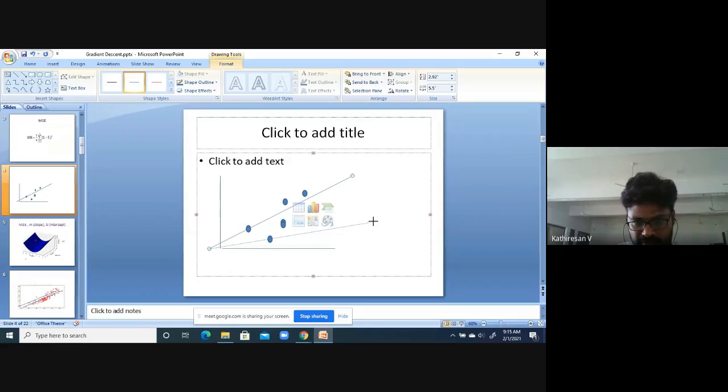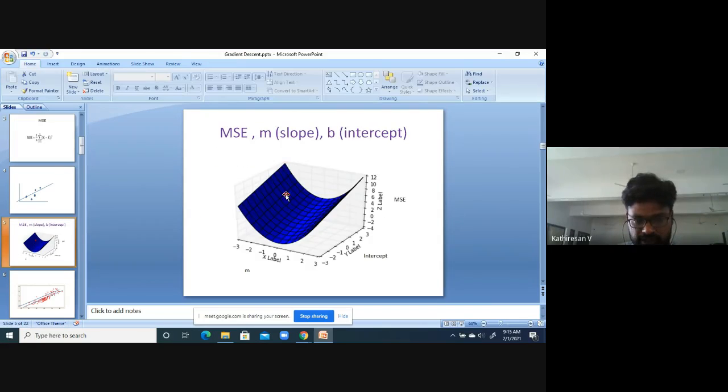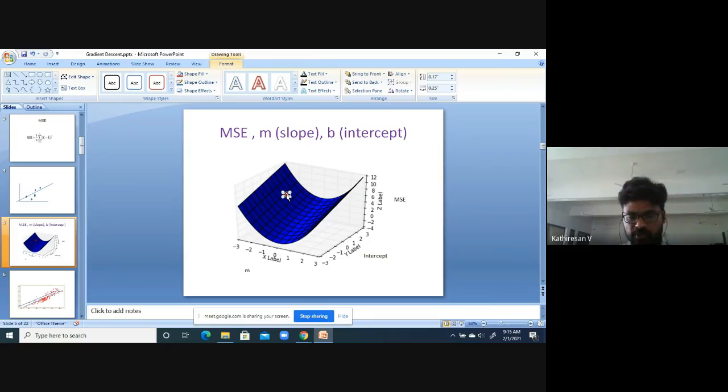When we are moving towards this particular point, the MSE is getting down and getting down. Somewhere it is reaching global minima. After that it is getting increased, like this, and reaching high. It keeps on going high. So here only we are having global minima.